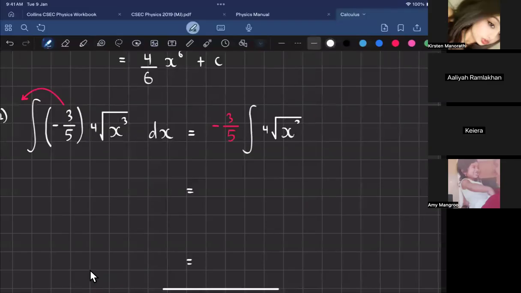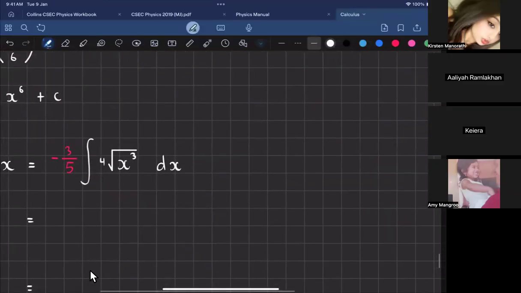But we need to convert that into a form where we can integrate. So let's do that. The fourth root of x cubed would be equal to x to the power 3 raised to what power? A quarter. And if you use your rules of indices, that'll work out to be x to the power 3/4.